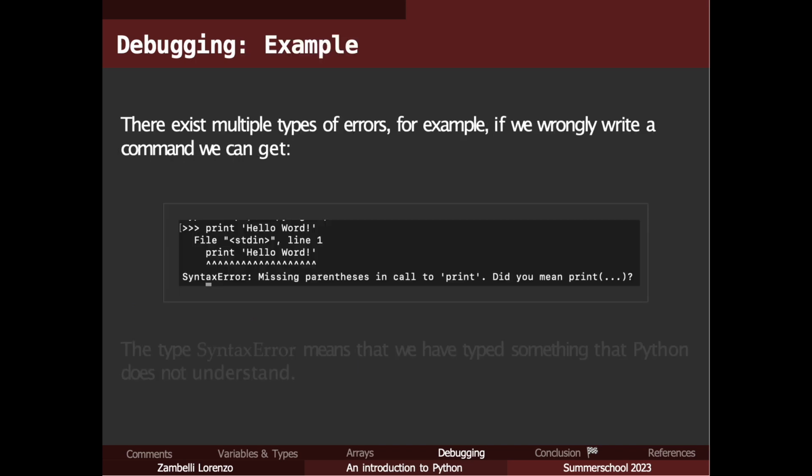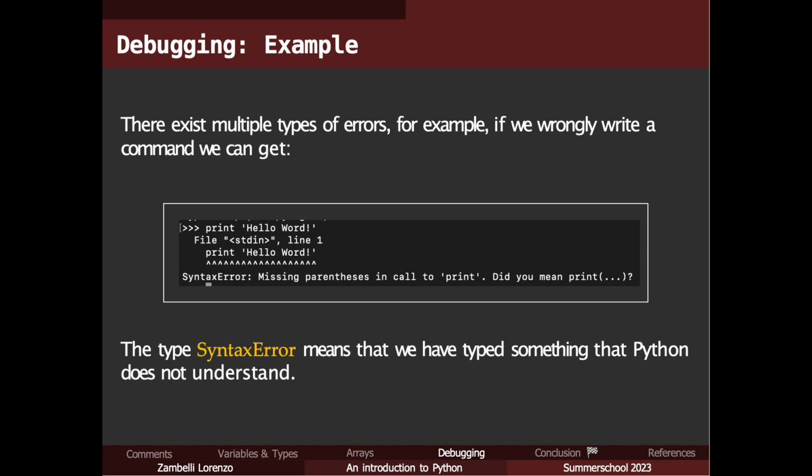In this case, I wrongly wrote the function print, and thus I get a syntax error, which basically means you made a mistake in the syntax and you need to correct it. And as you can see, it informs us in which line it appears, where it appears, and the type.